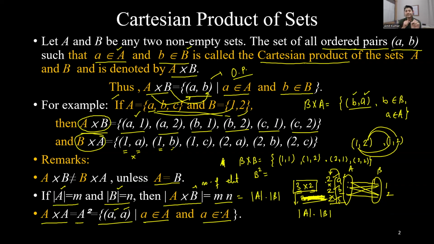A cross B gives you all the ordered pairs, from set A to set B. So now we can make some relations by defining some rules.